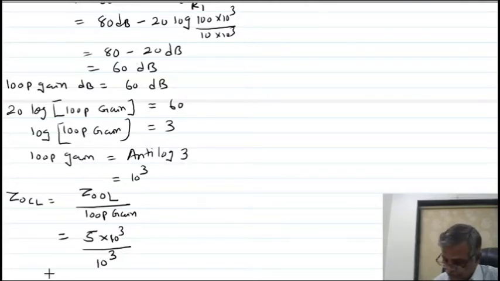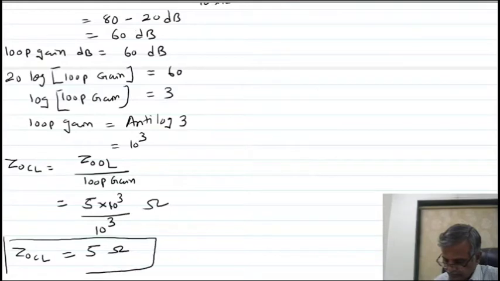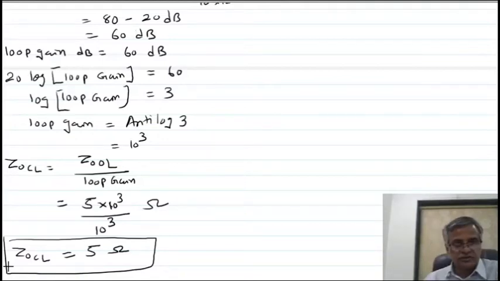Loop gain is 10 raised to 3, so your answer is 5 ohm. In this way you can calculate the closed loop output impedance. This numerical shows that in a closed loop operation output impedance is reduced.